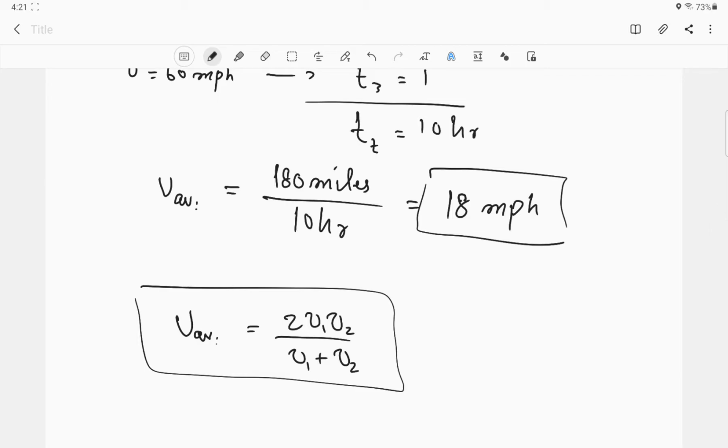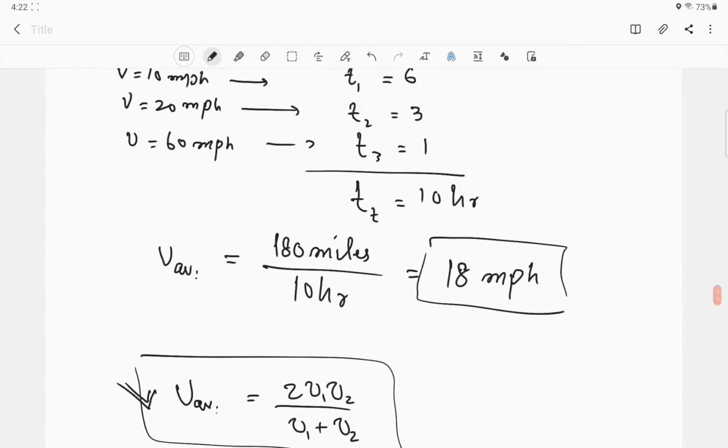For three velocities I don't remember any shortcut, but there might be an extension of this formula. You can Google whether there is a particular shortcut formula to determine the average velocity when the velocities are 3, 4, 5 or multiple velocities.